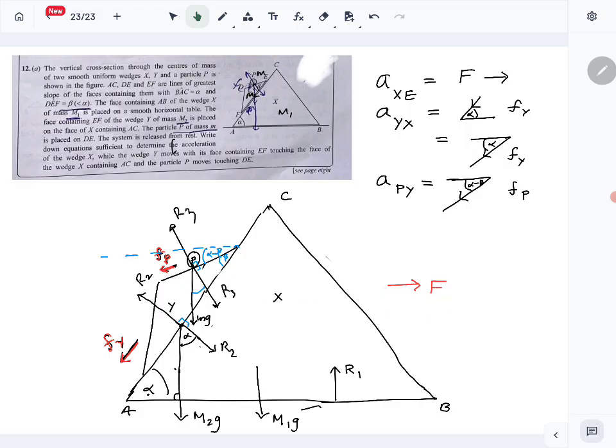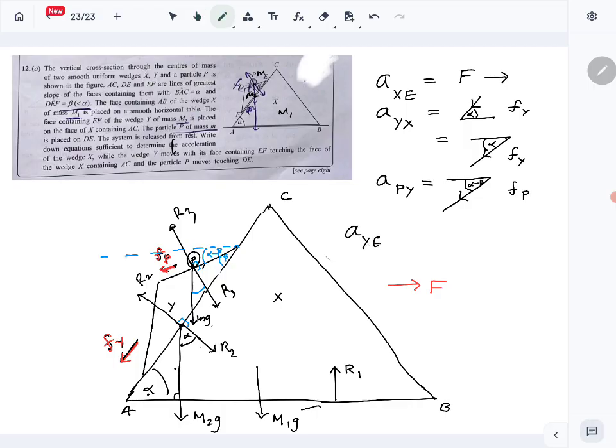So we are going to use F equals ma. So F equals ma, we have to apply relative to Earth. So we have to figure out acceleration of wedge y relative to Earth and acceleration of particle relative to Earth.